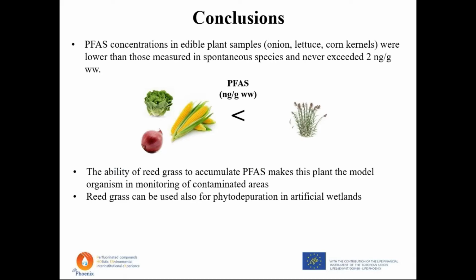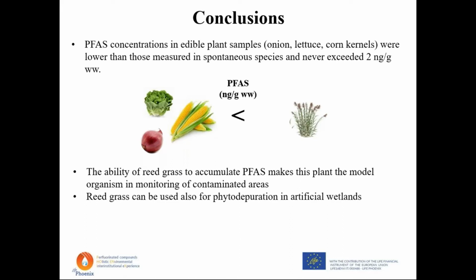Again, about plants, we have observed that in edible plants, the concentrations recorded were lower than those measured in spontaneous species, and this concentration never exceeded 2 nanograms per gram.